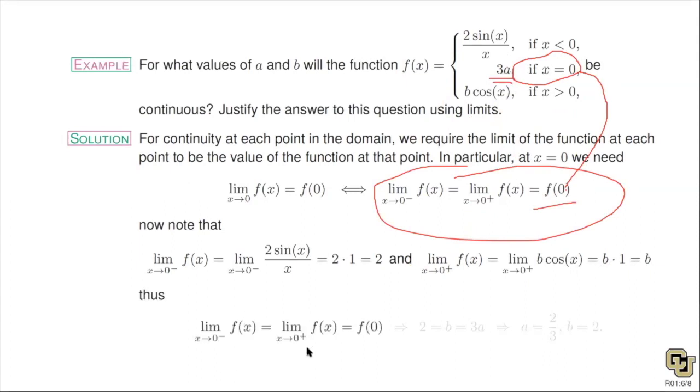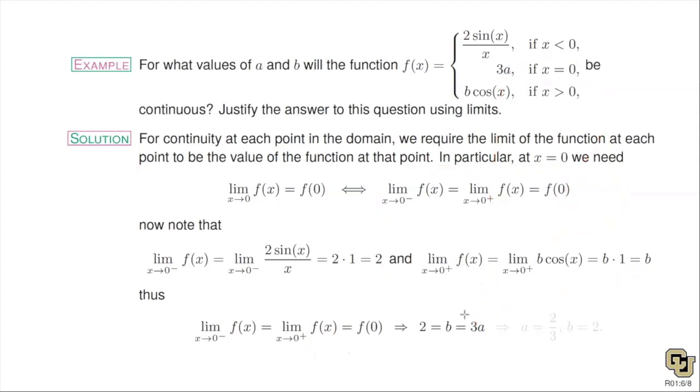I'm going to set it equal to the limit from the right. I'm going to set it equal to f of 0. So here, our limit from the left, our limit from the right, and the function value. Set them all equal to each other. And now solve for the unknowns. So a equals 3 over 2, and b equals 2.